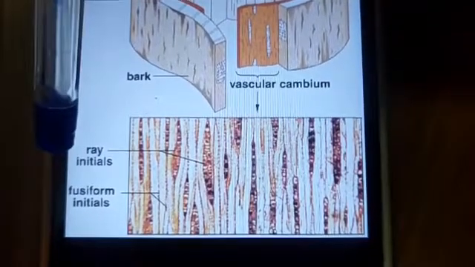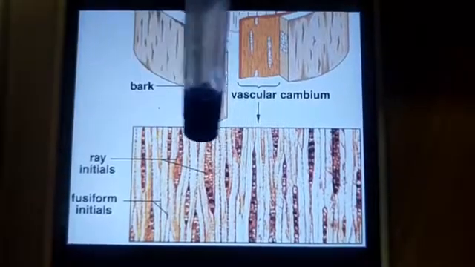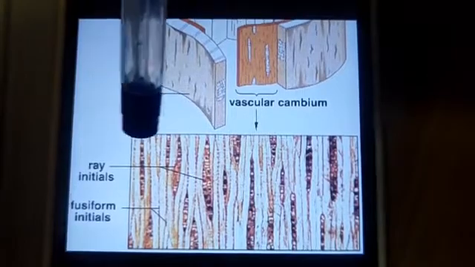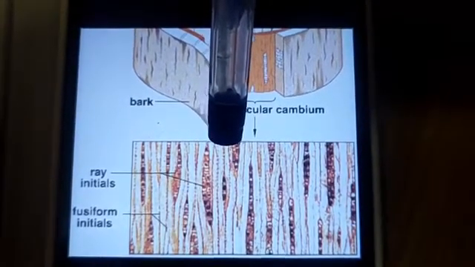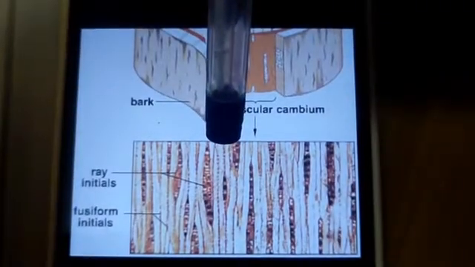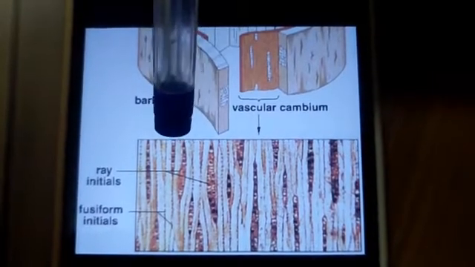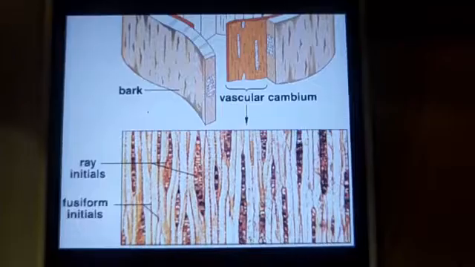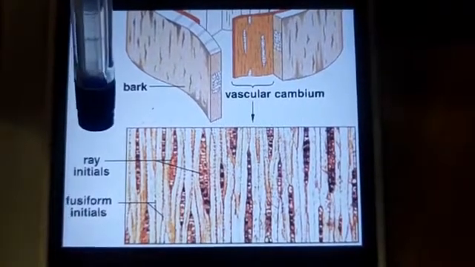The axial, vertical fusiform initials and the radial, horizontal ray initials are present in the secondary xylem. Like that, the secondary phloem also consists of vertical axial fusiform initials and radial horizontal ray initials.